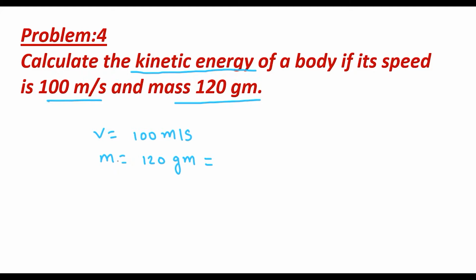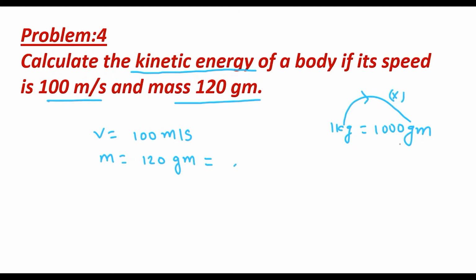We know that the unit of mass is kg, but it is given in gram, so we have to change it to kg. We know that 1 kg means 1000 gram. If we have to change kg to gram, we multiply by 1000.